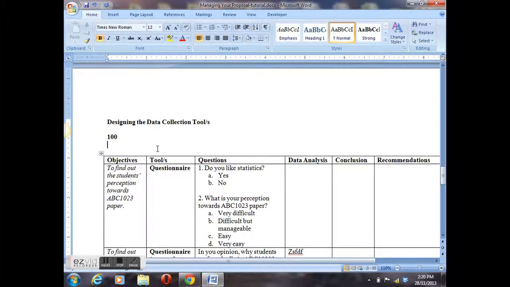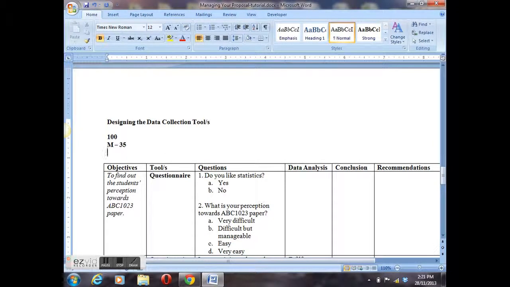So we have here, let's say, 35 male students and 65 female students. This is the real situation, in which female students outnumbered the male students.